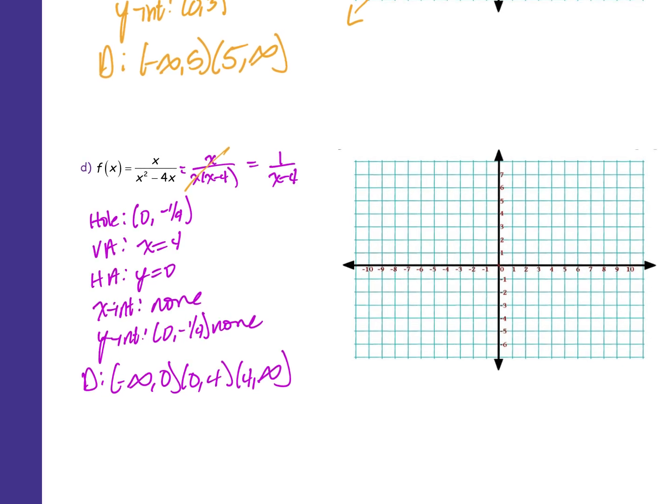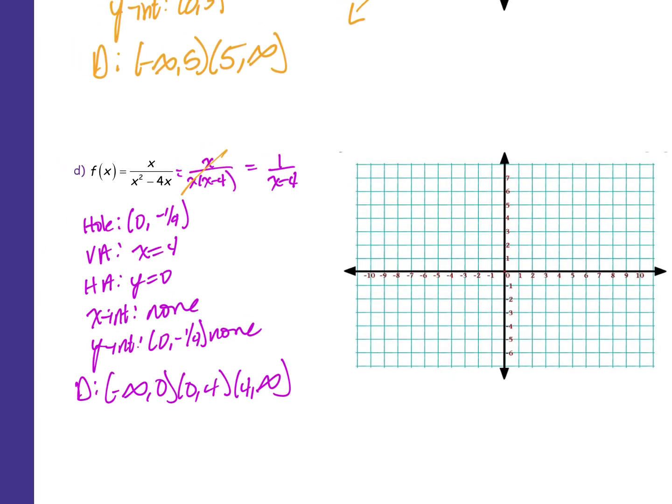Okay. So vertical asymptote at 4. Good. And a horizontal asymptote at 0. Okay. And I have a hole at 0, -1/4.